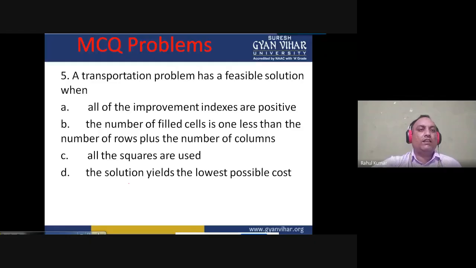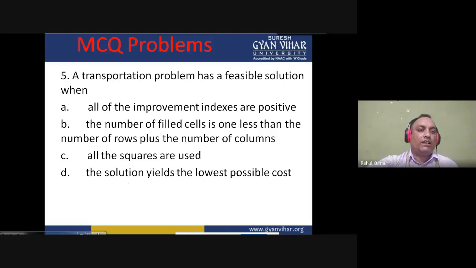Question number 5. A transportation problem has a feasible solution and all the improvement indexes are zero.